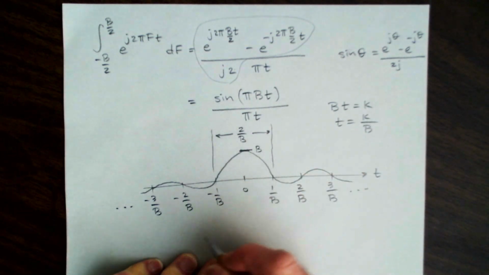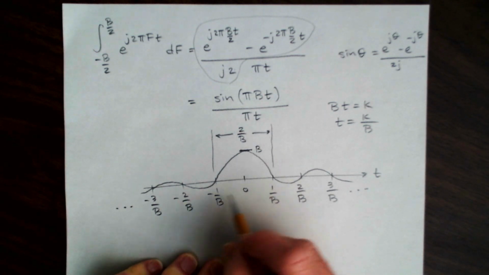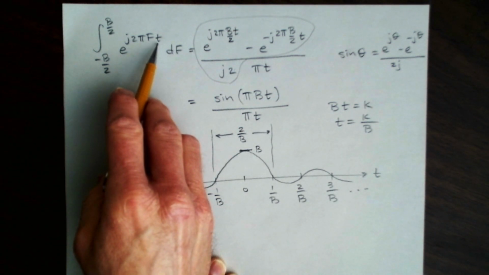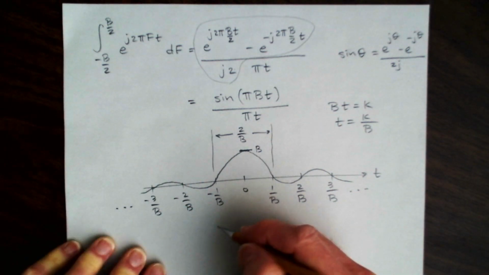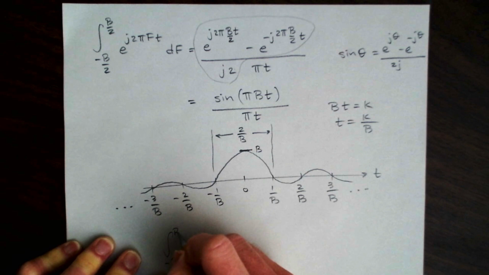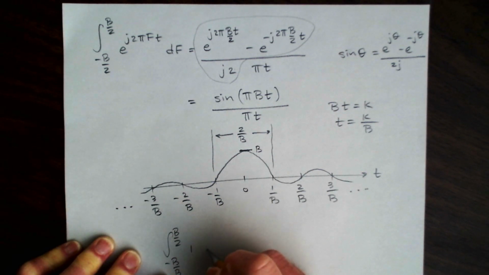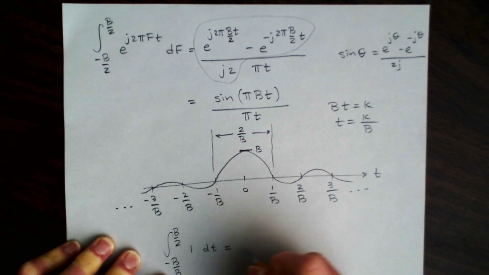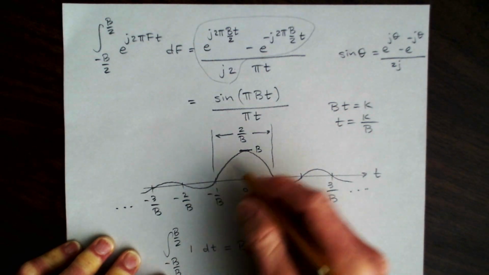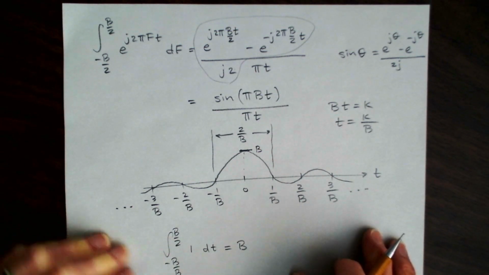You can show that using L'Hopital's rule, or you can simply put t equals 0 back into the definition. When we do that, we'll have the integral from minus b over 2 to b over 2 of e to the j 0, which is just 1, dt. And when you integrate that, you get b. So that gives us the amplitude right here at time t equals 0.